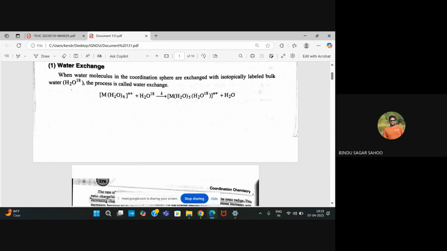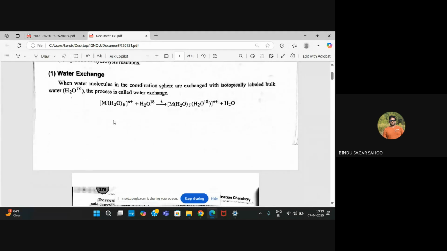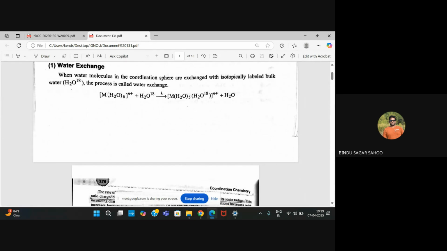The exchange of the water molecule will then be very, very difficult. If the charge density is more, the metal and water bond strength will be more, and the replacement or substitution of the water molecule will be very difficult.